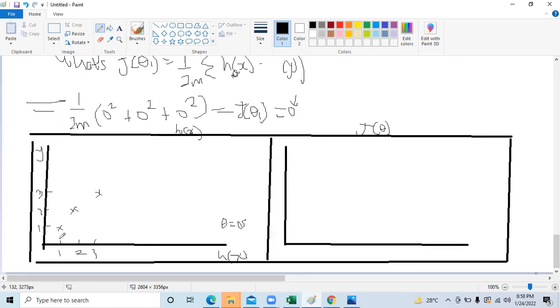But now we have our theta equals 0.5. So we're going to have something like this. This would be our h of x.